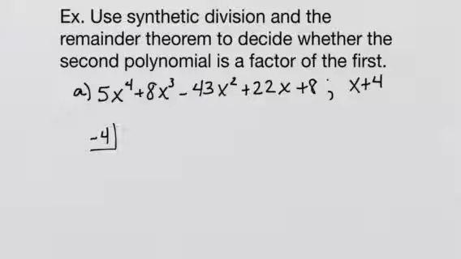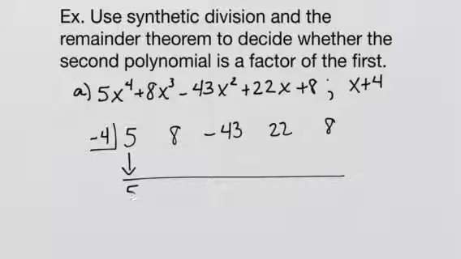Then we'll take the coefficients of the other polynomial, making sure we have every power represented, 4, 3, 2, 1, and none. So we can put the coefficients as 5, 8, negative 43, 22, and 8. Our first step in synthetic division is to bring that 5 down.